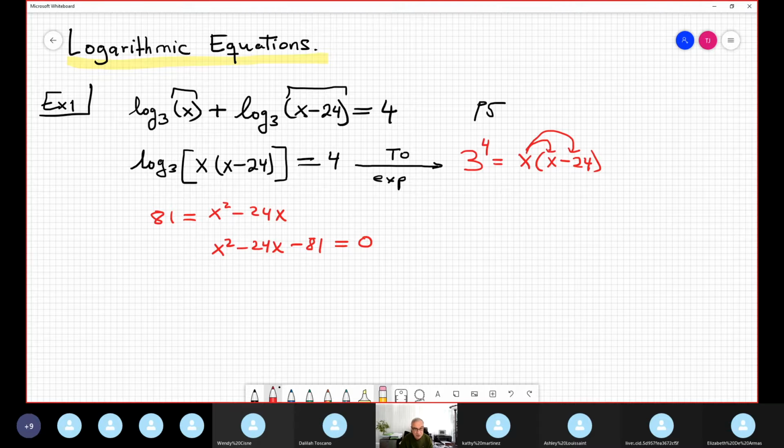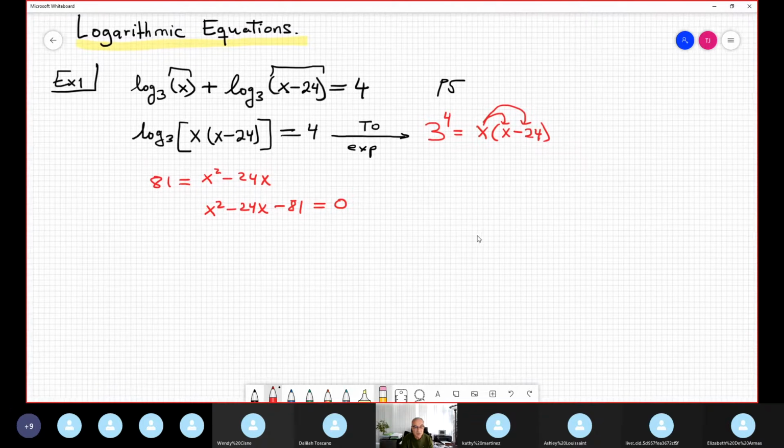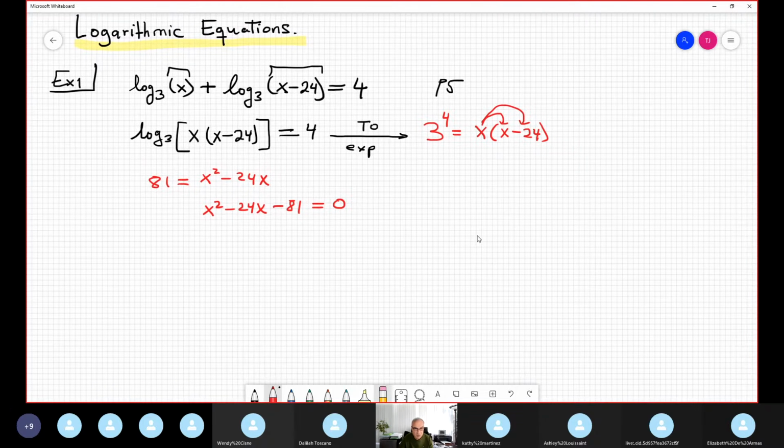Now, this is a moment to use our skill solving quadratic equations. We have been doing this from the beginning of the semester, no? Quadratic equation, quadratic equation, quadratic equation. In this case, we can do it by factorization, but it's a little bit hard. Maybe use the quadratic formula. A is 1, B is negative 24, and C is negative 81.